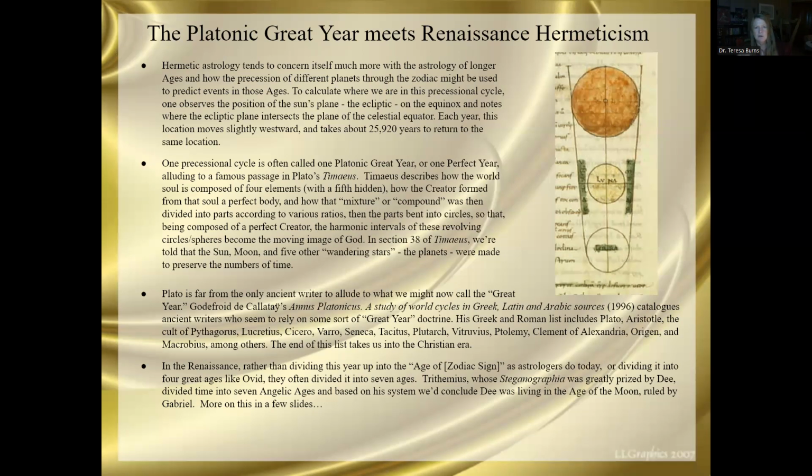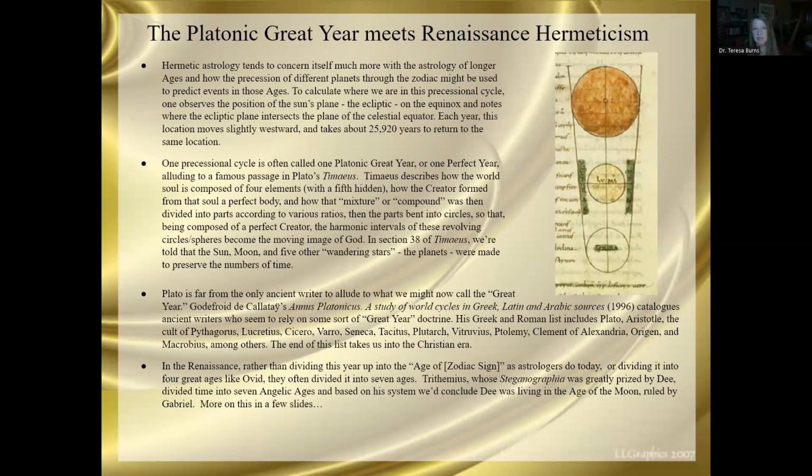In case you don't know, the way that a regular year, a small year goes, is the opposite seeming direction as a processional or Platonic or perfect great year. So if it's the equinox and we're at Aries of Aries, then the next sign would be Taurus, followed by Gemini, followed by Cancer, then Leo, Virgo, etc. But if you're in the age of Aries, at Aries of Aries, you're immediately going to go back into the preceding sign.